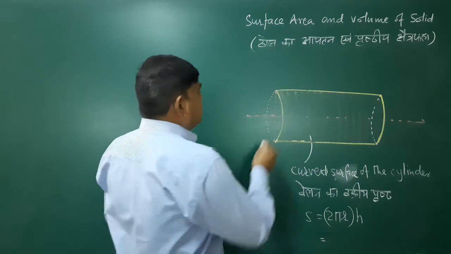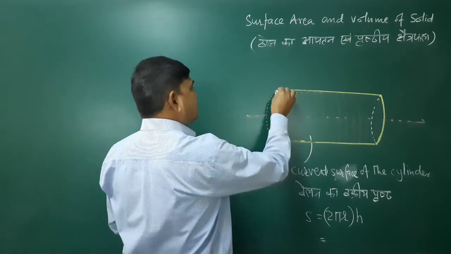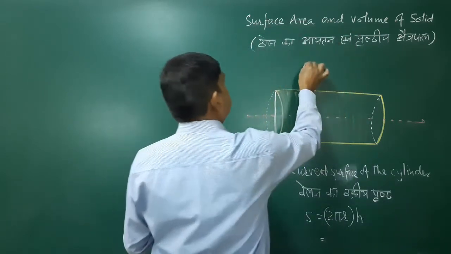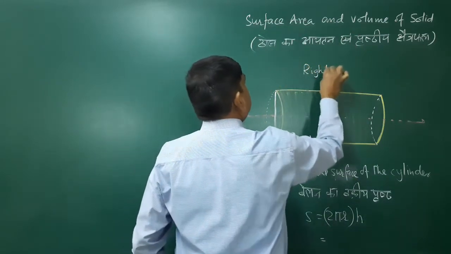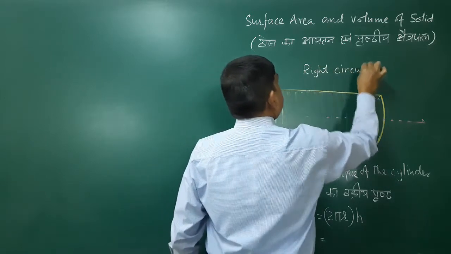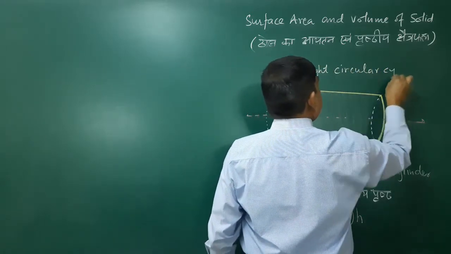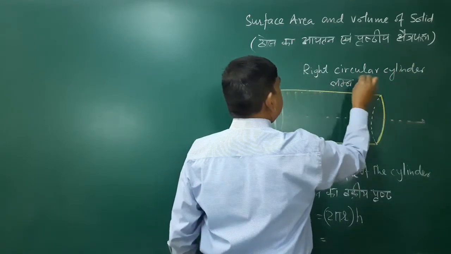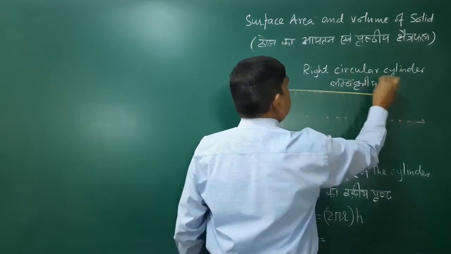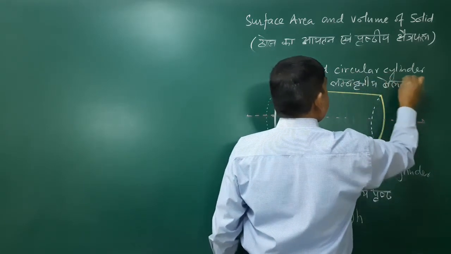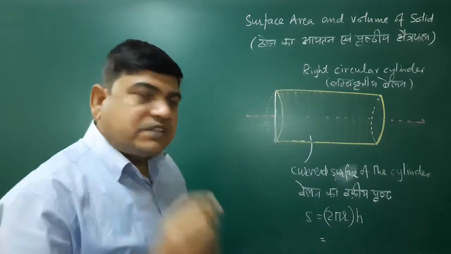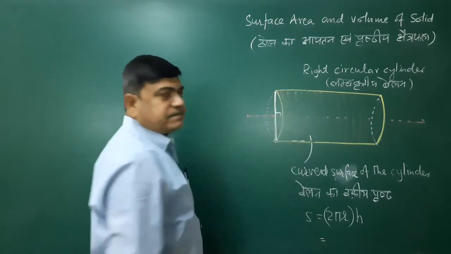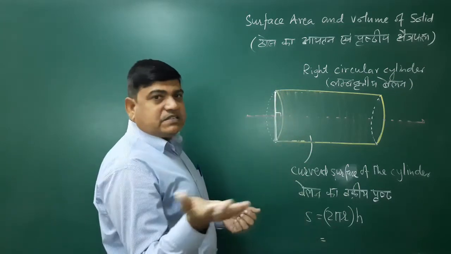The radius is r, because this is a cylinder, it is a right circular cylinder. लंबवृत्तीय बेलन. Lambvritthiya belan, because this radius is perpendicular to its axis and the base is a circle.